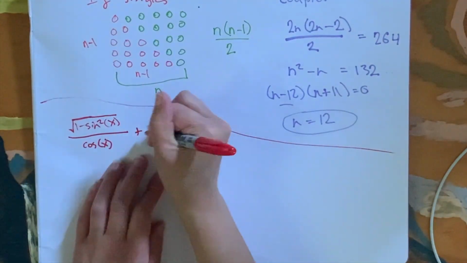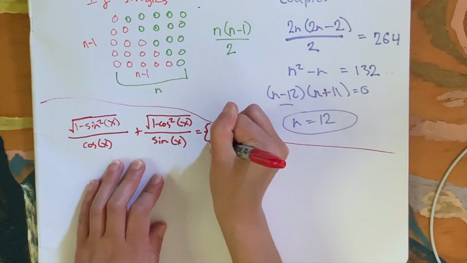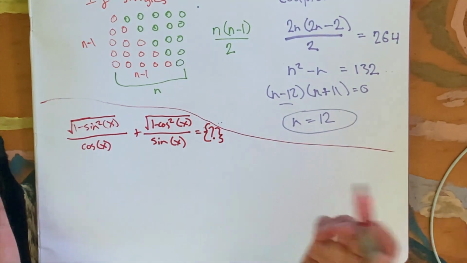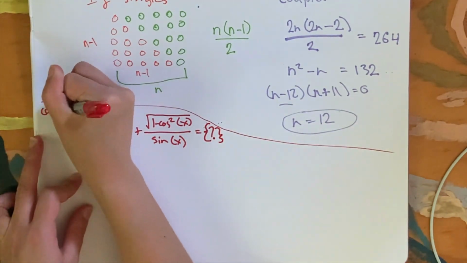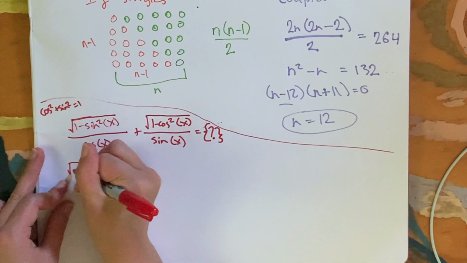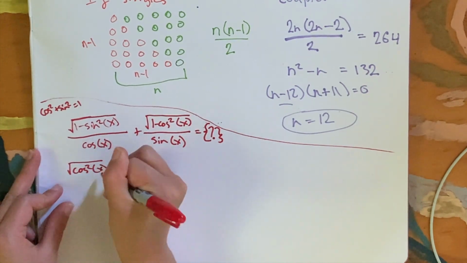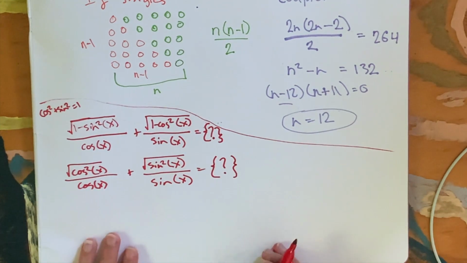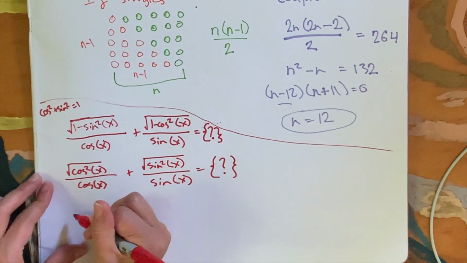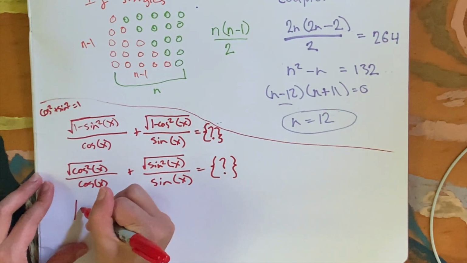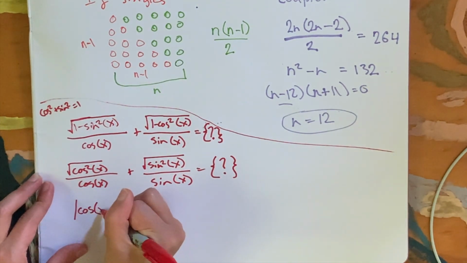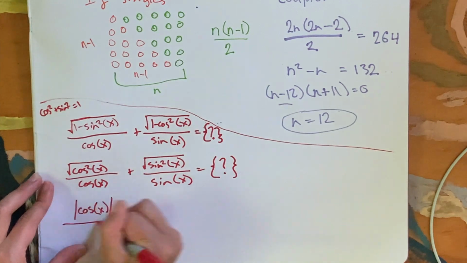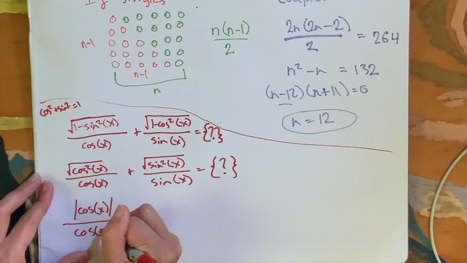We have this expression and we want to know the set of numbers it can equal. Well, we can simplify that a little bit by using this identity, which I'm sure you're familiar with. 1 minus sine squared just becomes cosine squared, and vice versa over here. It might look like we have the same thing on the top and bottom of both fractions, which would just go to 1 plus 1 equals 2, but it's really more complicated than that, because since we're taking the positive square root, you have absolute value on the top.